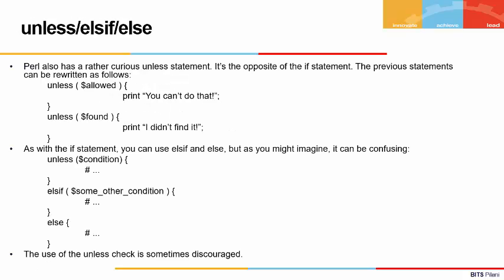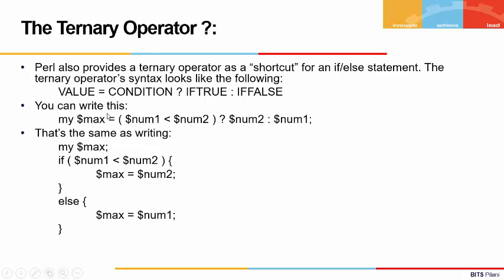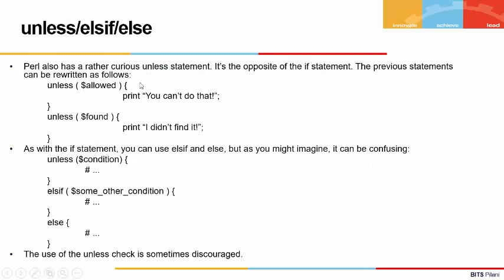There is also something called unless, which is discouraged, but this is also a way you can do that. In unless, you check the condition as the opposite of the if statement, so the previous statement can be written like this. Unless the variable, that will be printed, and you can also use this with the elsif and else conditions like this.